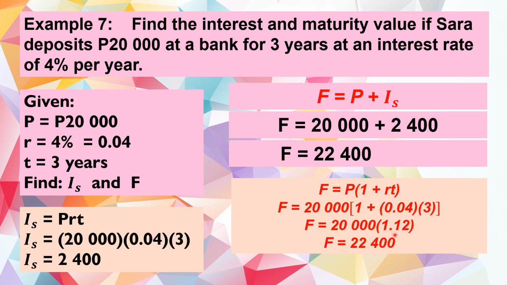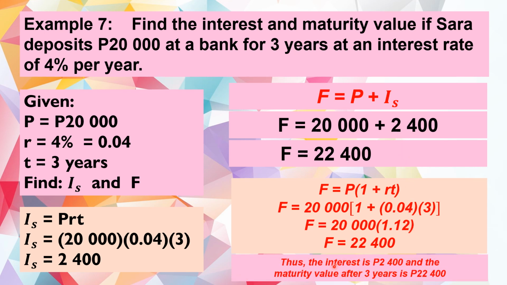And 1.12 now times 20,000 is equal to 22,400. As you can see, pareho yung nakuha nating maturity value. So, thus, the interest is 2,400 pesos and the maturity value after 3 years is 22,400 pesos.